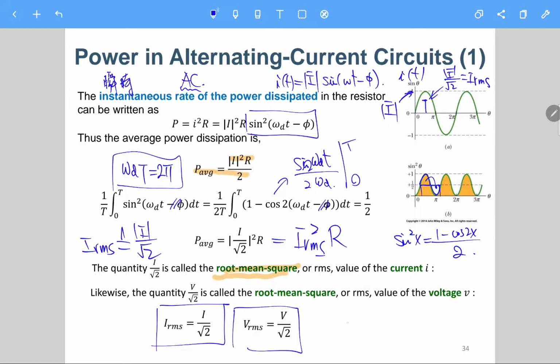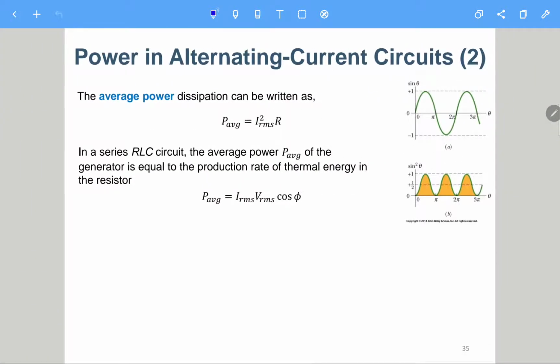So also we can write it as something like, yeah, we have this expression. We have a cosine factor here rather than only having I RMS V RMS, because the I and V don't necessarily have to be in phase.